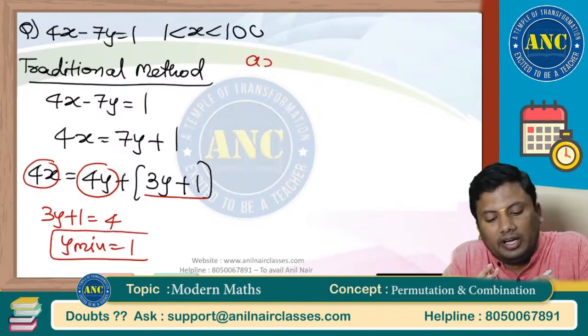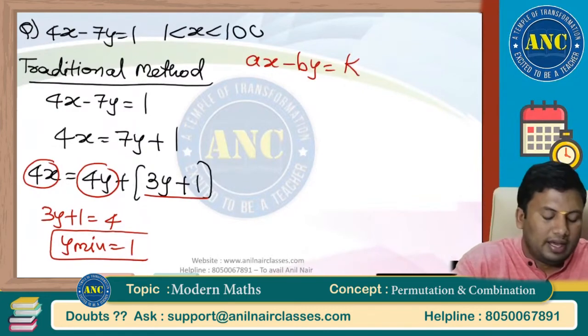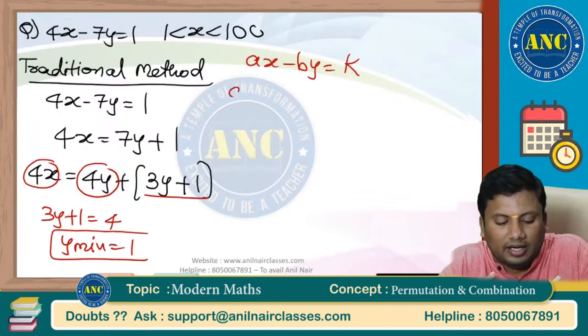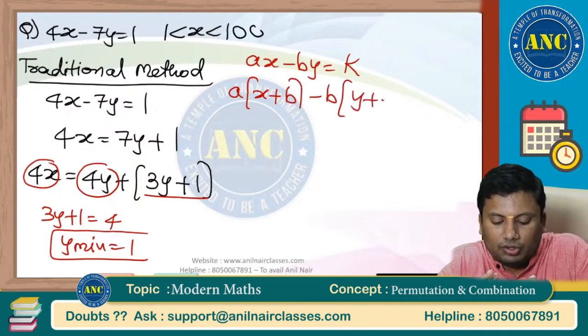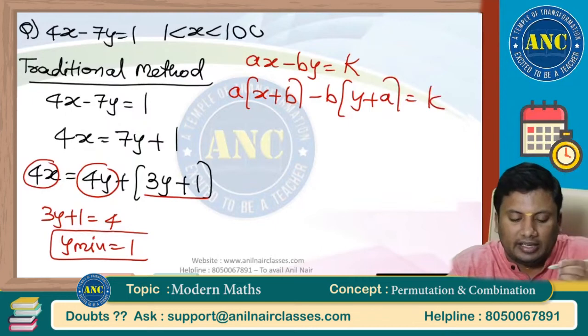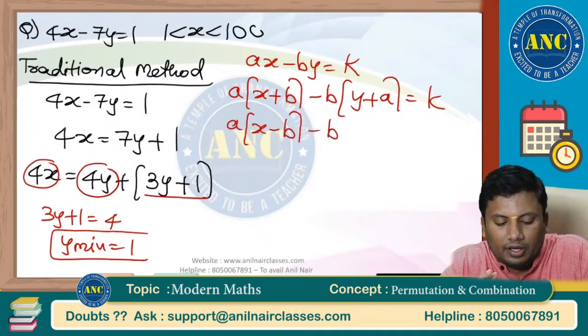Till now we did ax plus by equivalent to k. Now we will do ax minus by equivalent to k. If x is increased by b, y will also be increased by a. Plus ab minus ab can get cancelled. If x is decreased by b, y will also be decreased by a.